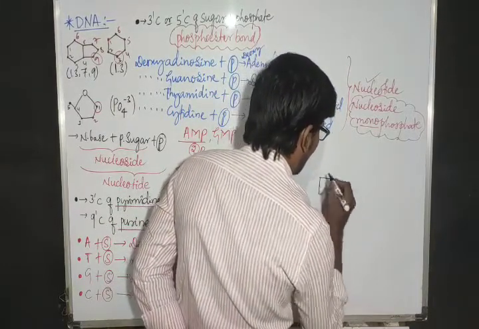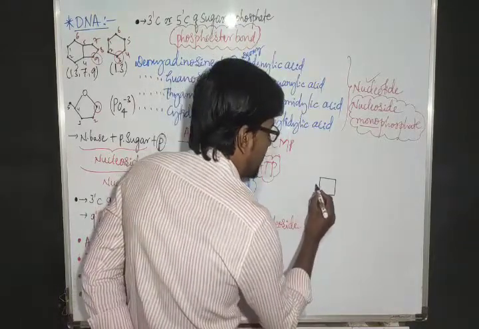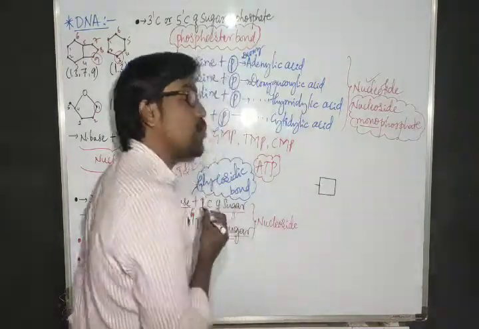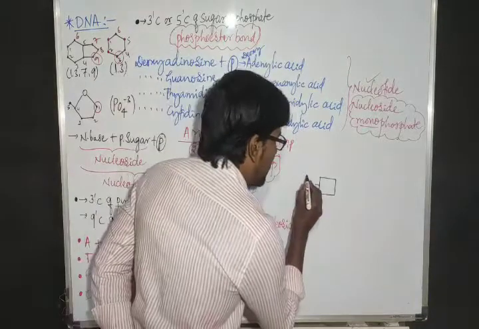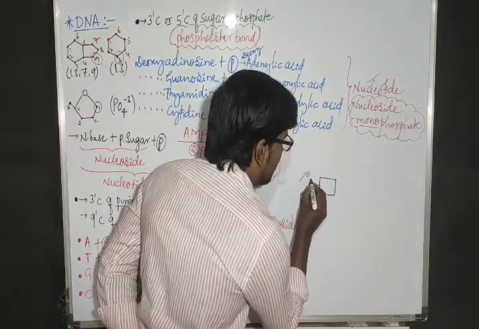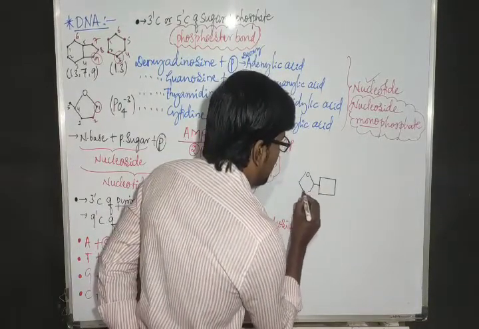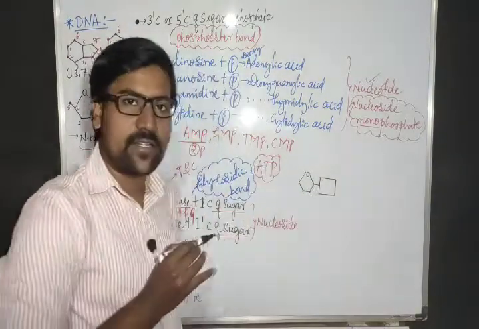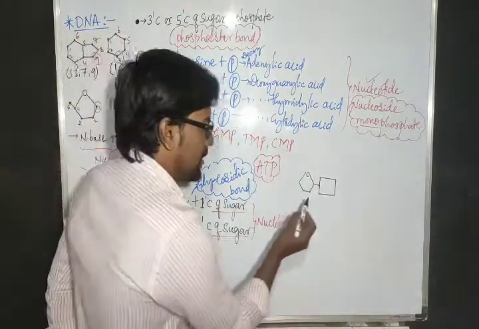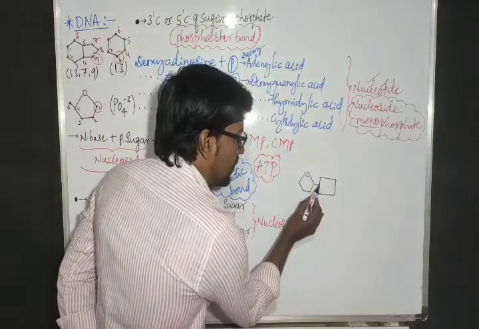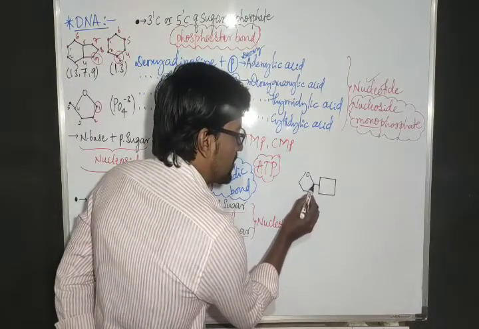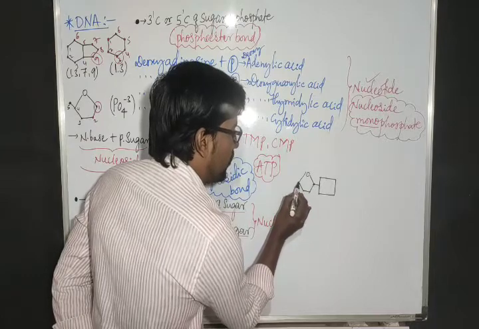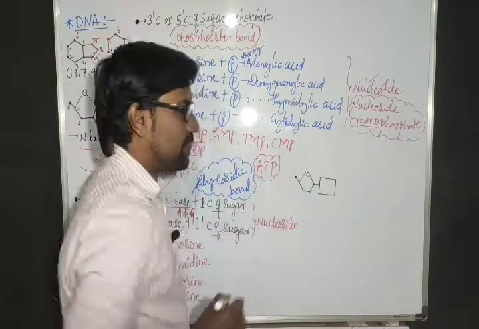Sugar. Which sugar? Pentose sugar, at first carbon. Nitrogen base combined to the sugar at first carbon. 1, 2, 3, 4. This is the fifth carbon.